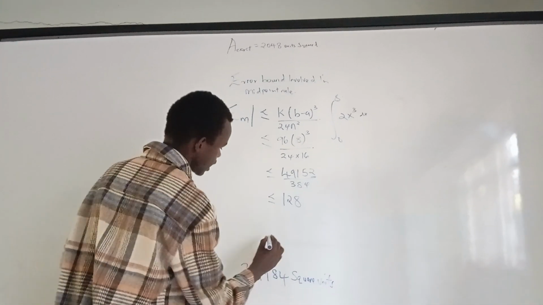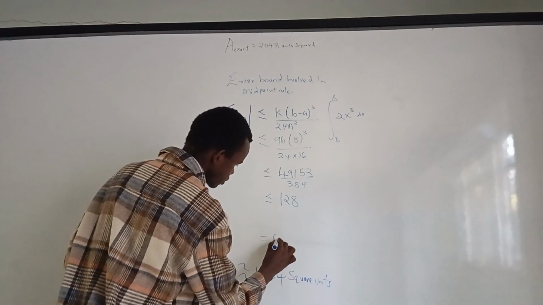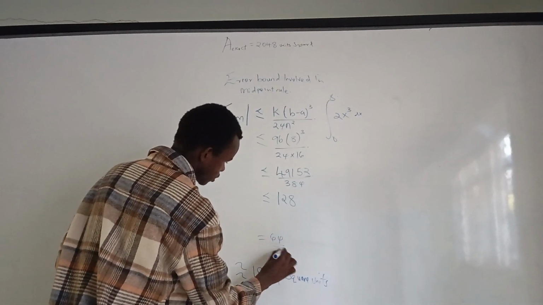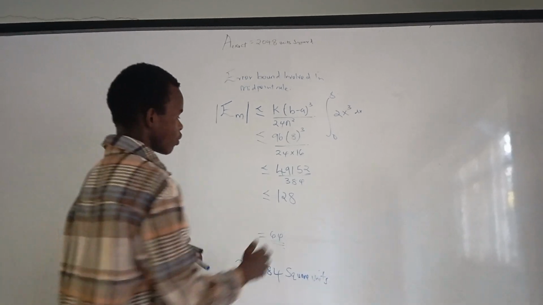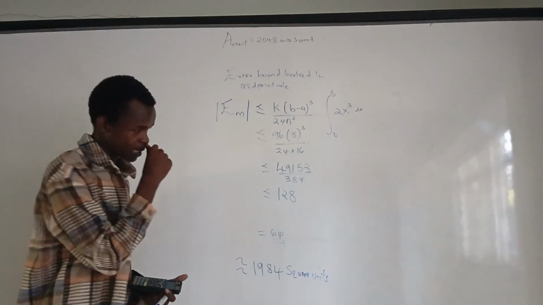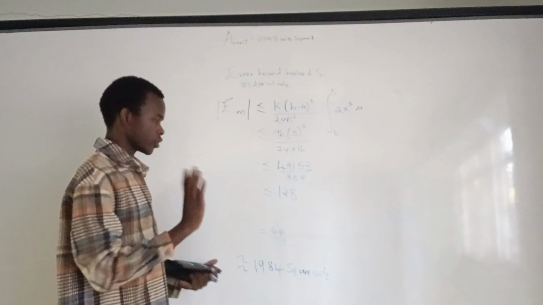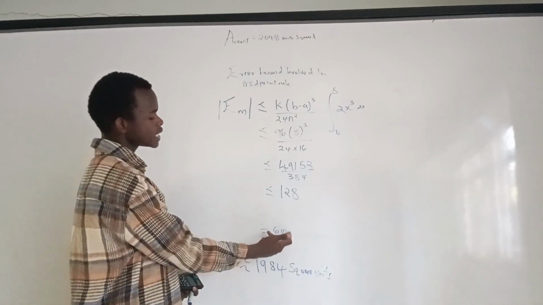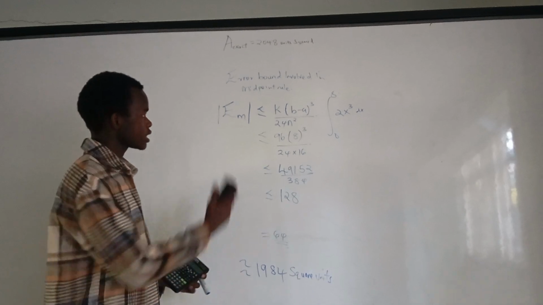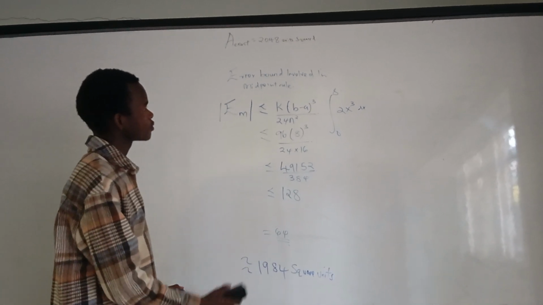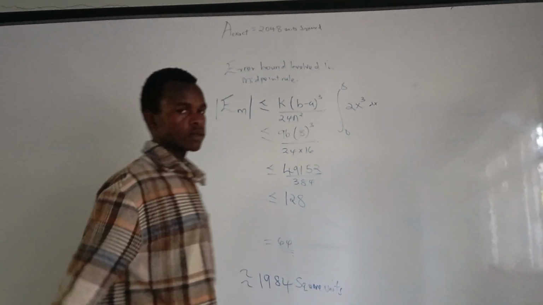What's our answer? We have created an error of 64. And you can see it's less than 128. 128 is the maximum error that you are allowed to create. Beyond that, it's wrong. So it's within the range. So that's how we can find the error bounds involved in the midpoint rule.